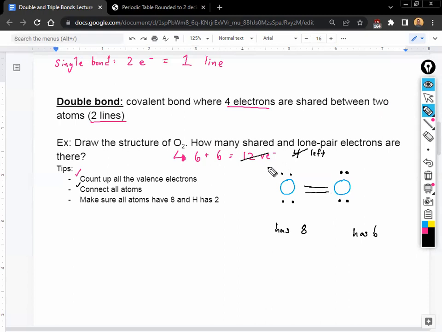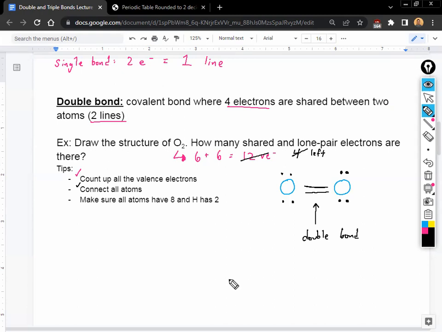And so if you take a look at this guy right here, it has 2 lines coming out of it, right? 2 lines are 2 electrons each. So 2, 4, 6, 8. And so this guy's still happy. It has 8 electrons. And this guy also has 8 electrons. So now both of them are happy. And since you see 2 lines in between them, that's what we call a double bond. And that's how we make everybody happy right here.